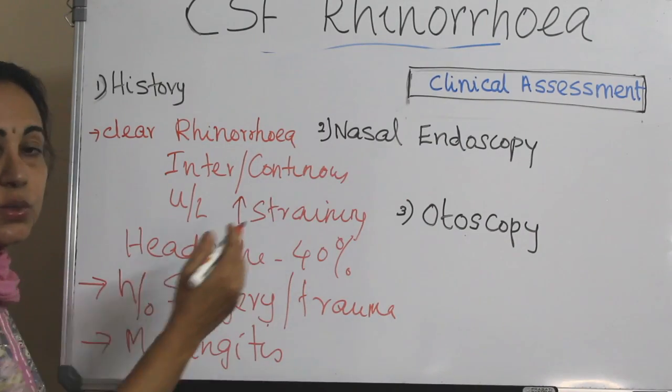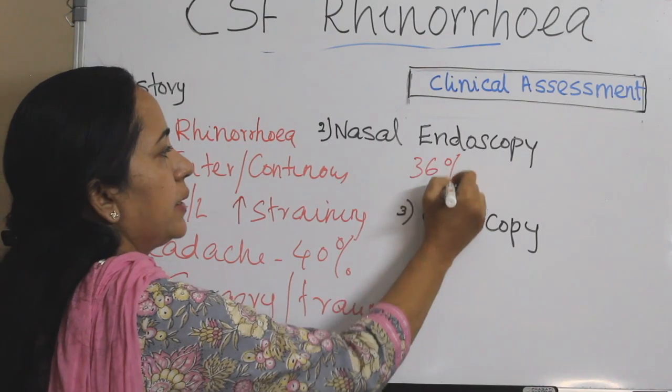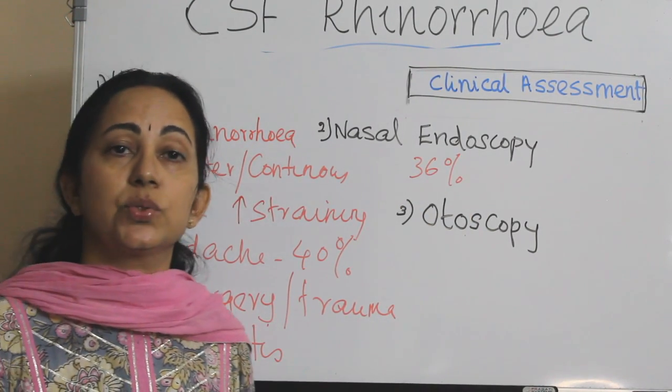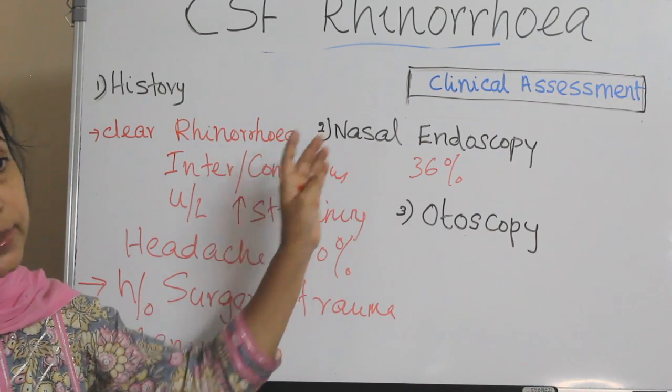Okay, and do a nasal endoscopy on an outpatient basis, and in around 36% of cases you can clearly find out the exact site of CSF leak, or an associated meningoencephalocele or a meningocele if present can be found out by a nasal endoscopy.